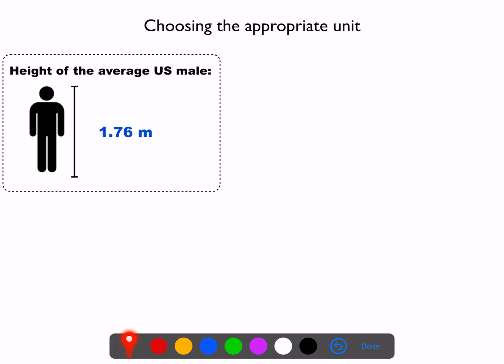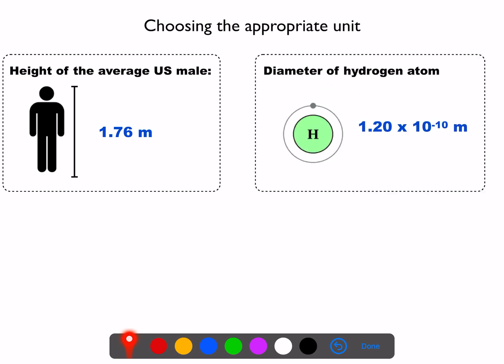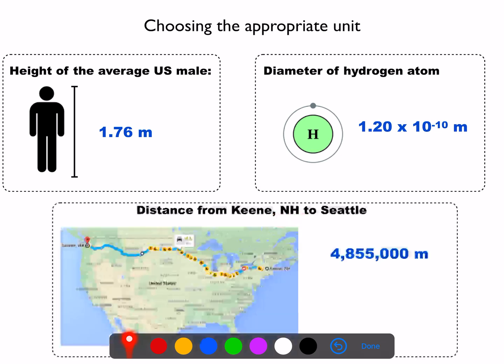We can also look at the diameter of a hydrogen atom, which has been given at 1.2 times 10 to the negative 10th meters. And if we were to drive from Keene, New Hampshire to Seattle, that would be a distance of 4,855,000 meters.